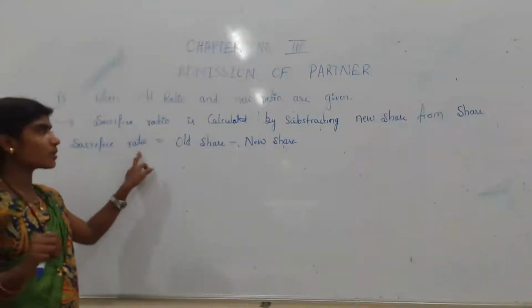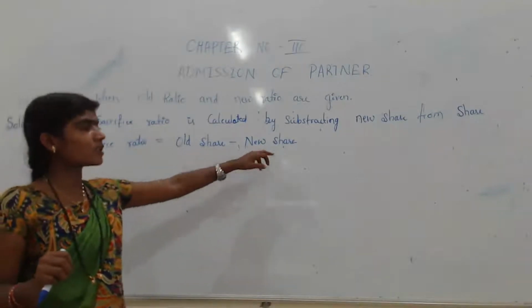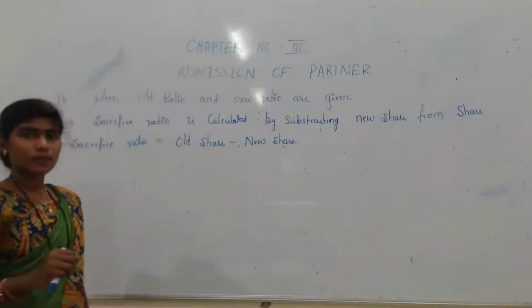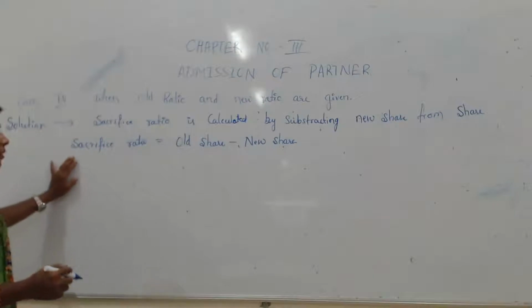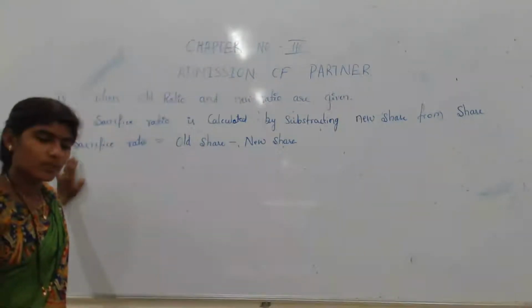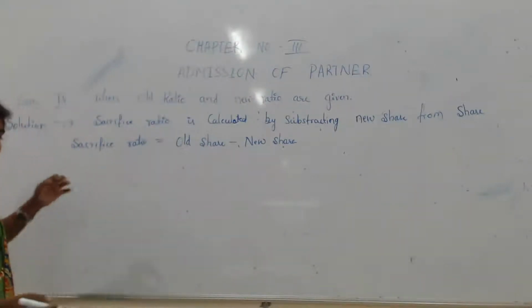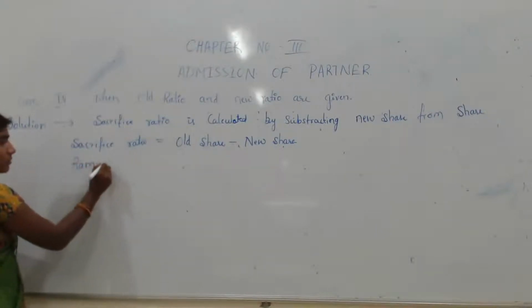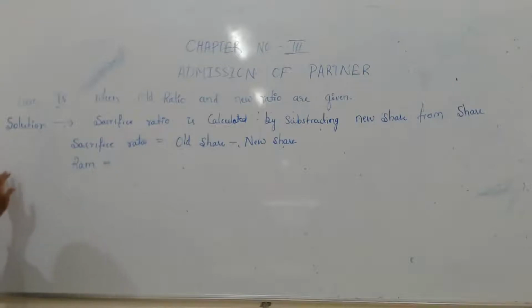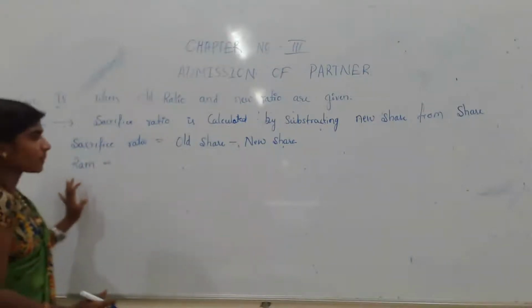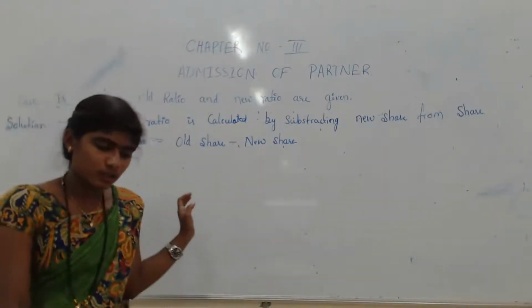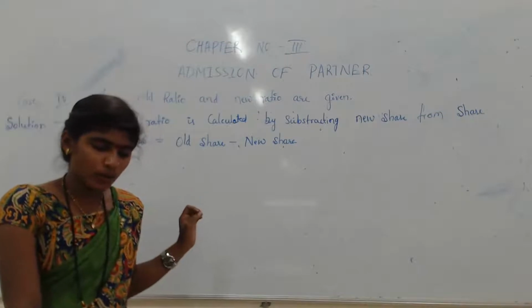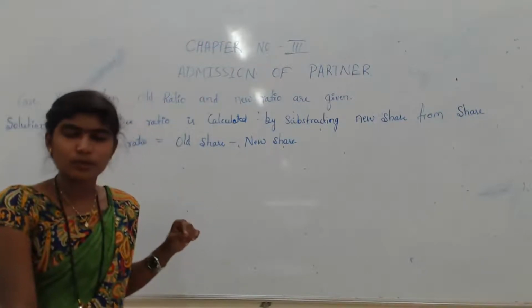What is the fourth case solution? Sacrifice ratio is equal to old share minus new share. Now, first Ram's sacrifice share. So for Ram, what is the old ratio of old partners? 5:3.